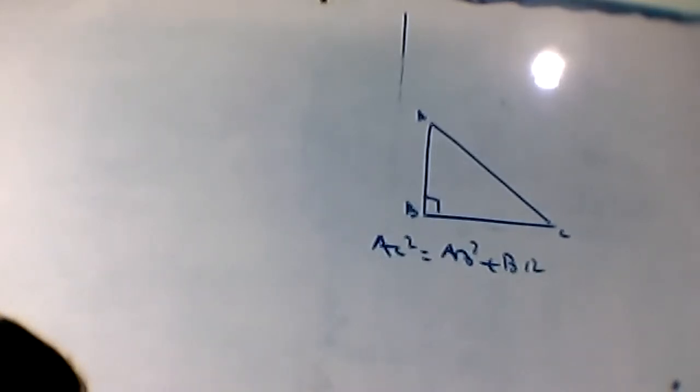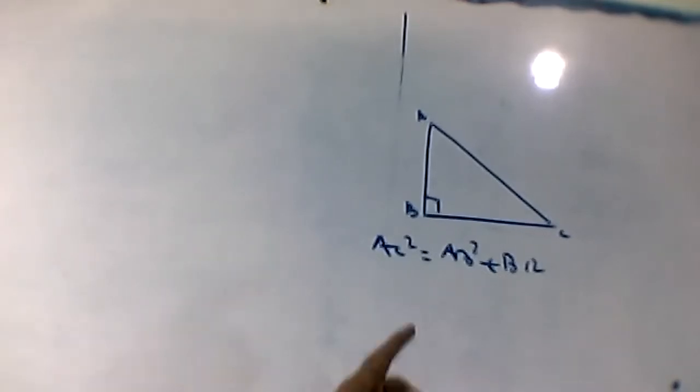Once again, in a triangle, if the square of one side is equal to the sum of the squares of the other two sides, then the angle opposite the first side is a right angle.